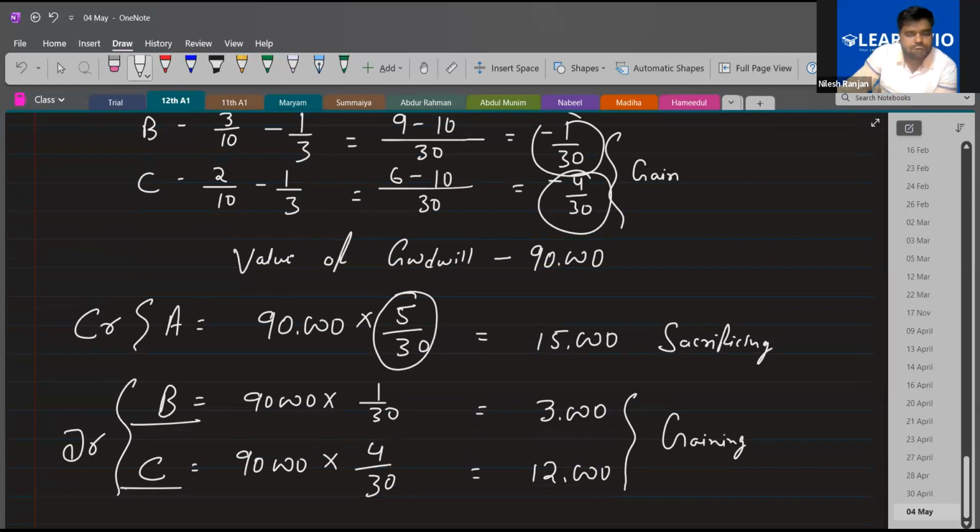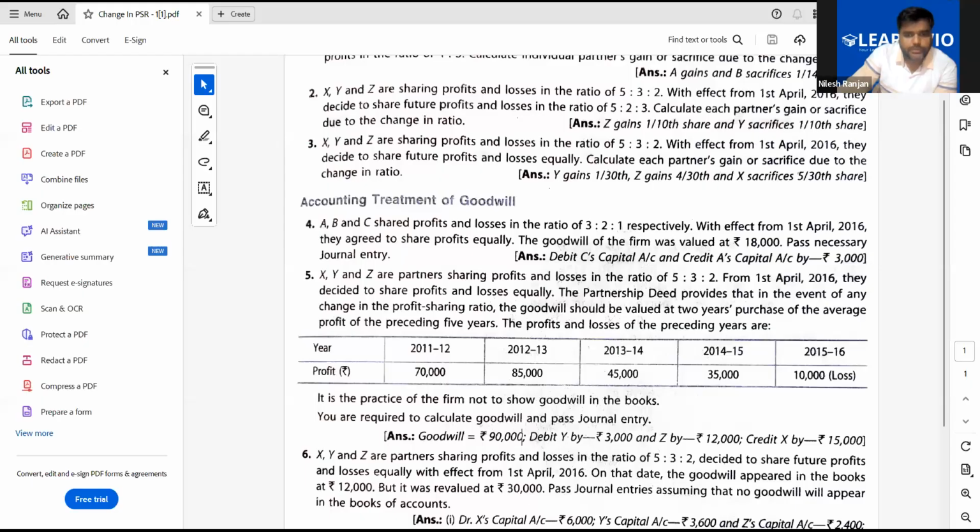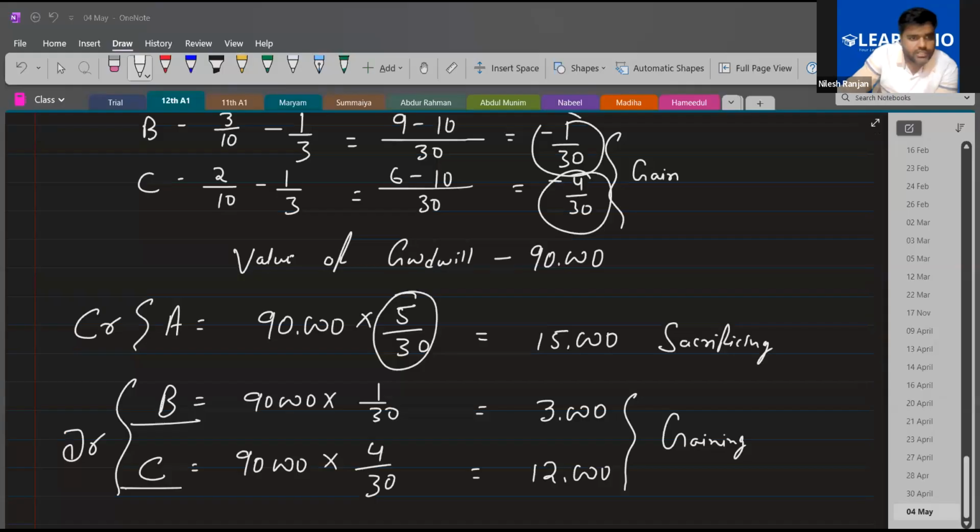Understood? Yeah. Okay, actually I have to join another class. There is one more doubt you have, the workmen compensation reserve. Yes. Can we discuss it tomorrow if there is no examination nearby?